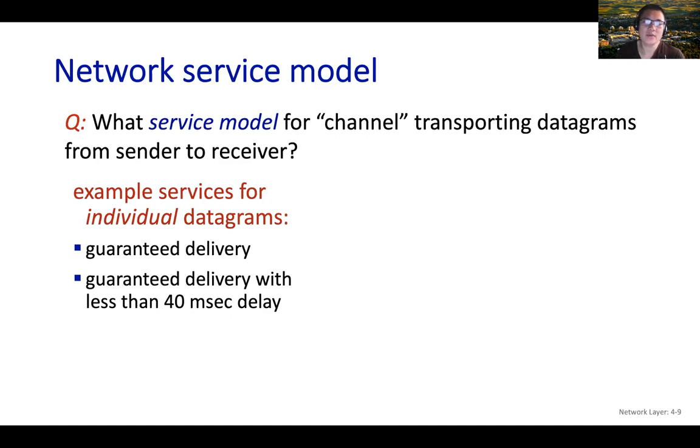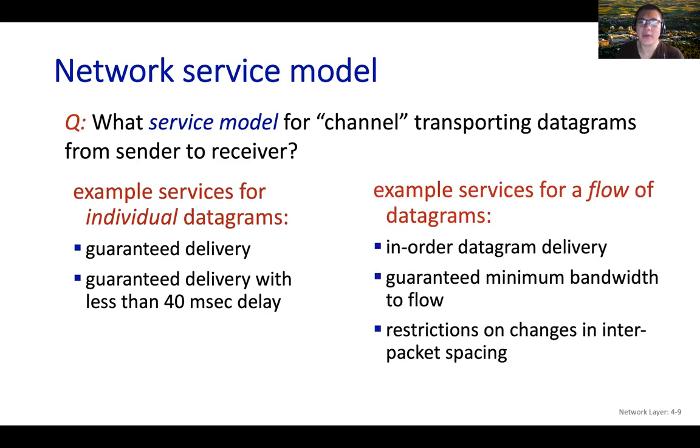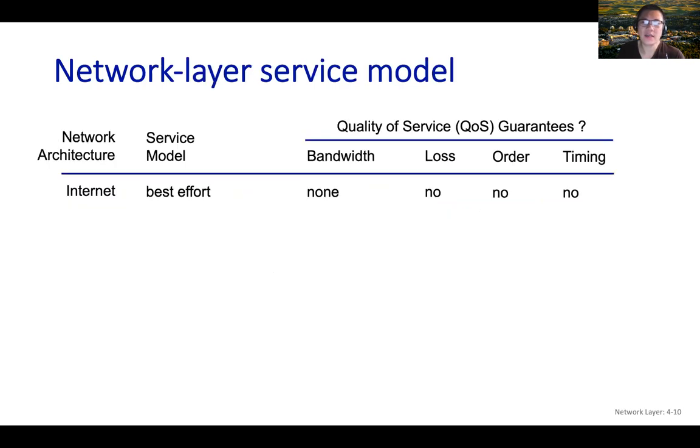Example services for individual datagrams: for example, they can guarantee delivery, or guarantee delivery with less than 40 millisecond delay. Another example service for a flow is in-order datagram delivery, guaranteed minimum bandwidth to the flow, and restrictions on changes in packet spacing. I think this is something you have already seen before. We guarantee some things, and we cannot guarantee other things here. Okay, so for the network layer service model for the internet, I think the keyword is best effort.